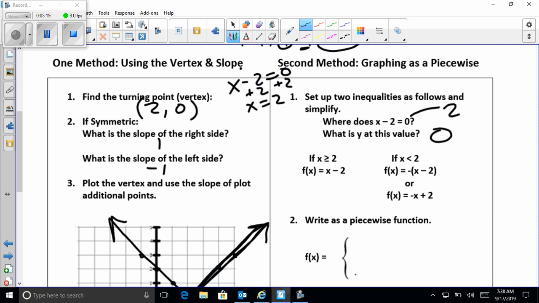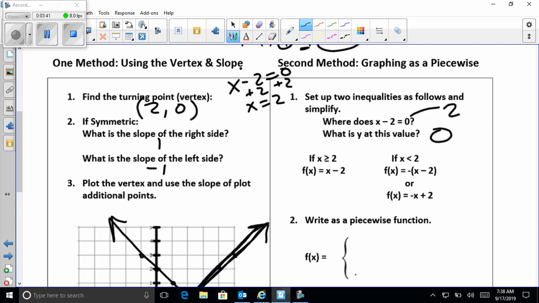So when x is greater than or equal to 2, our function is the original function because we're putting in a positive number, and we're still going to get a positive answer. And then when it is the opposite, when it's less than 2, that's when we're putting in a negative x, and that affects what our graph's going to look like.